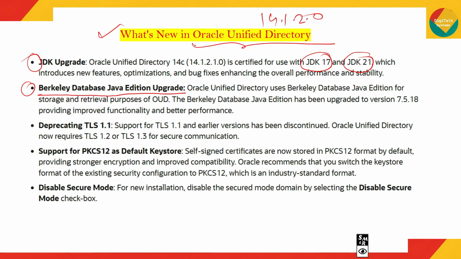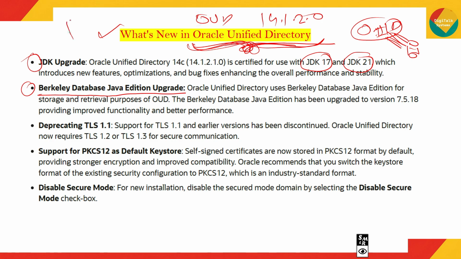Now, this Oracle Unified Directory is a file system based directory server. For example, if I talk about the OID, Oracle Internet Directory, it has a dependency on the database because it stores the usernames, passwords, access and all the policies in the database. But Unified Directory, OUD, is file system based.